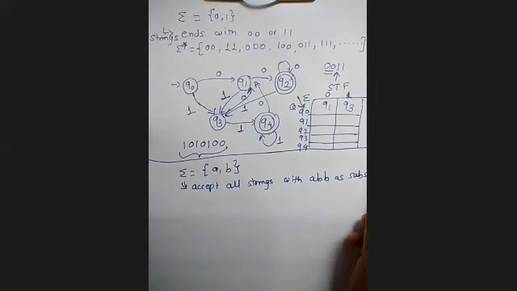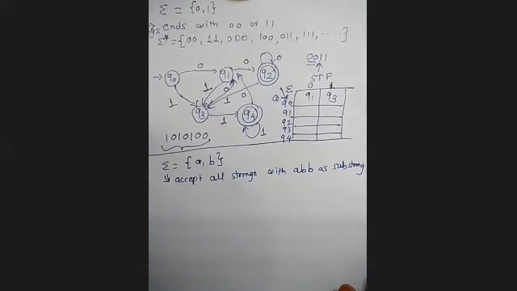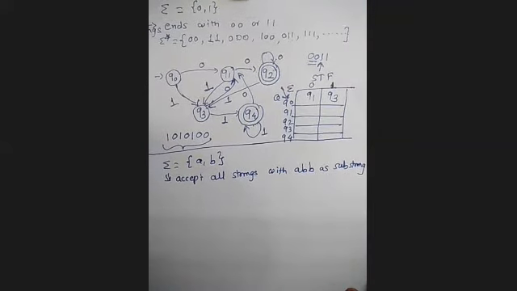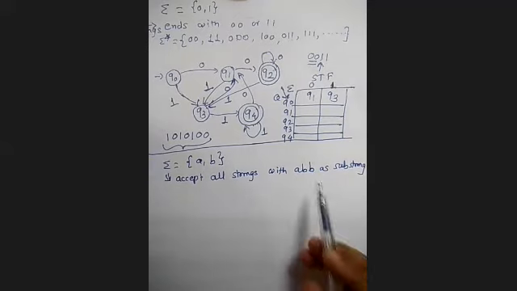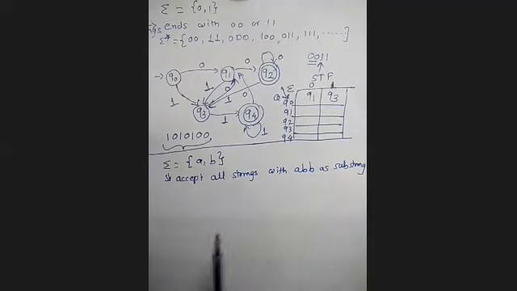Is the question clear? It is not ending with anything. All the strings of A and B you have to consider, and if ABB is there as a substring, then you have to accept it.